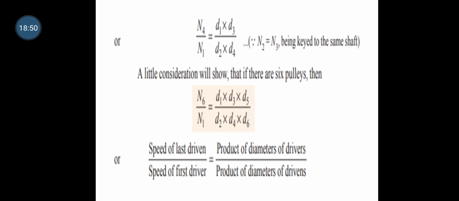That is, N6 divided by N1 is equal to the product of D1, D3, D5 divided by the product of D2, D4 and D6, the diameters of the driver pulleys divided by those of the driven pulleys.